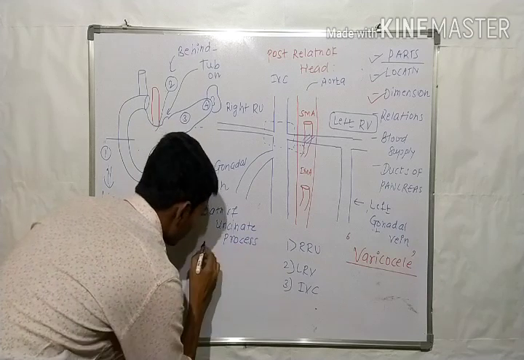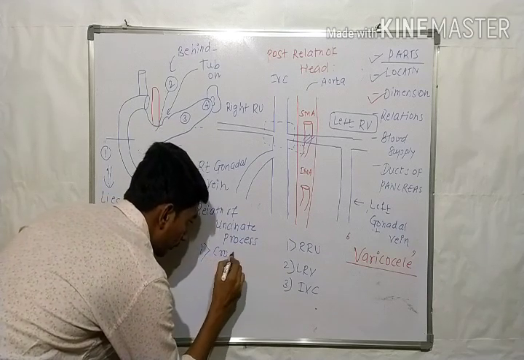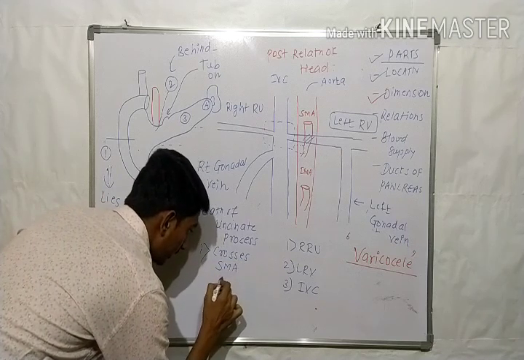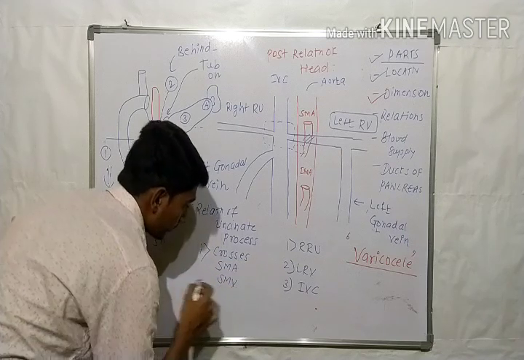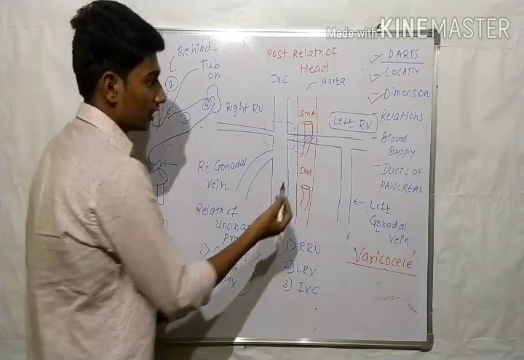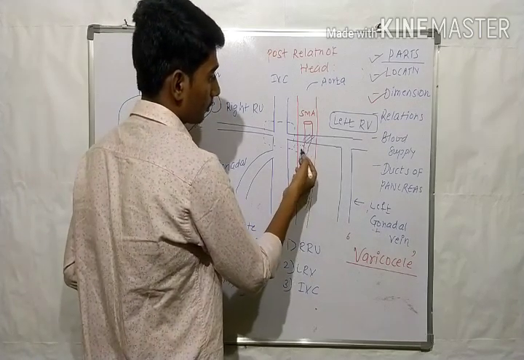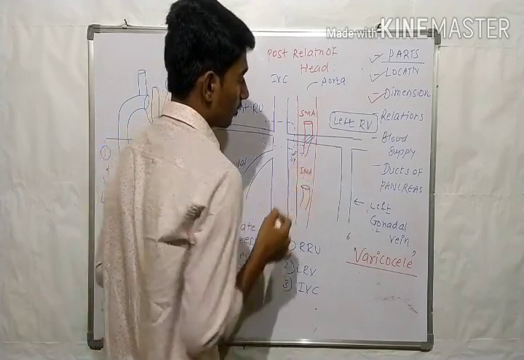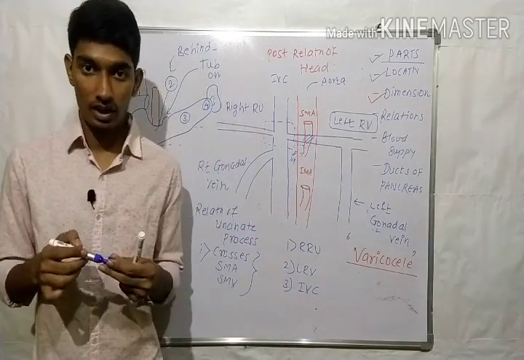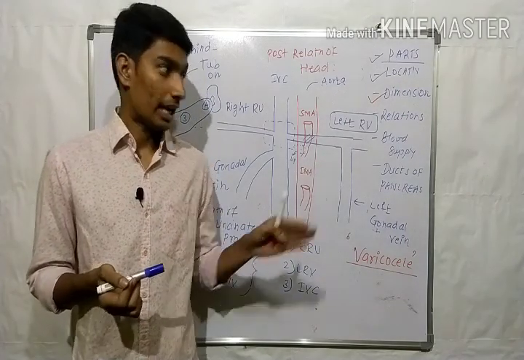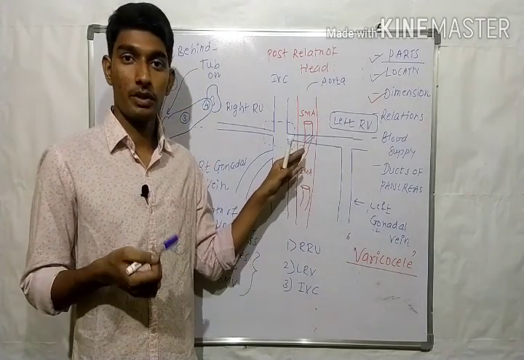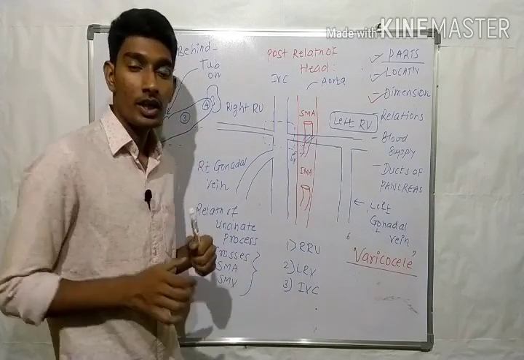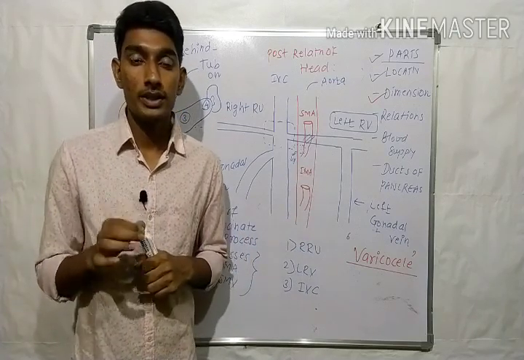This uncinate process crosses the superior mesenteric artery and superior mesenteric vein, as the superior mesenteric artery is accompanied by the superior mesenteric vein. So these are the relations of the uncinate process.